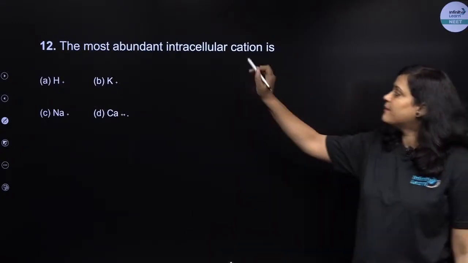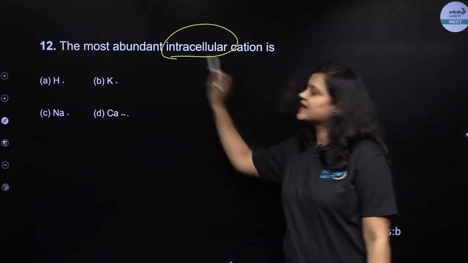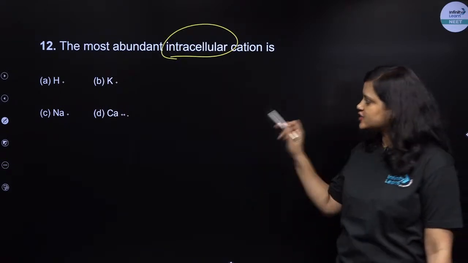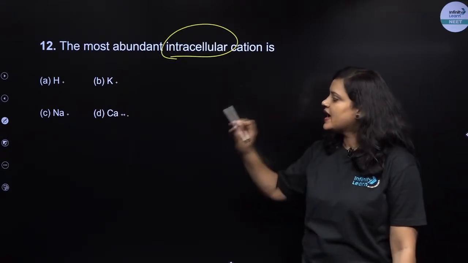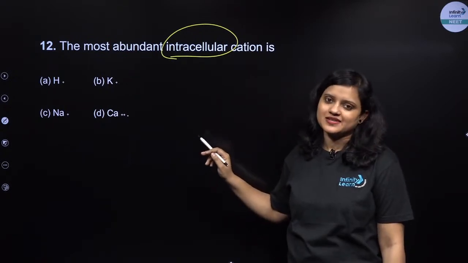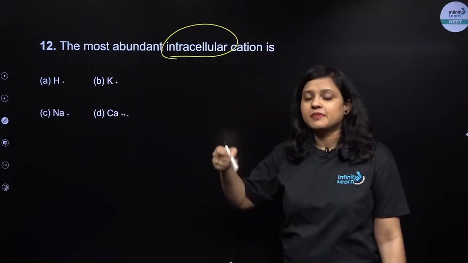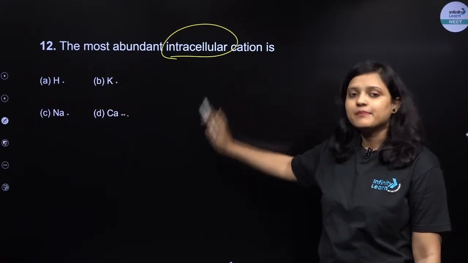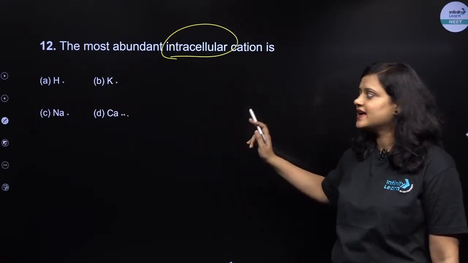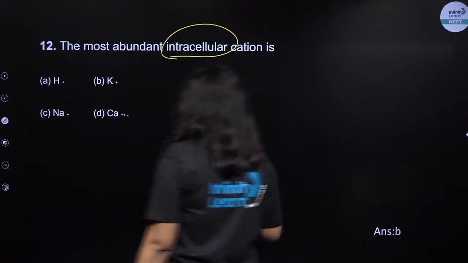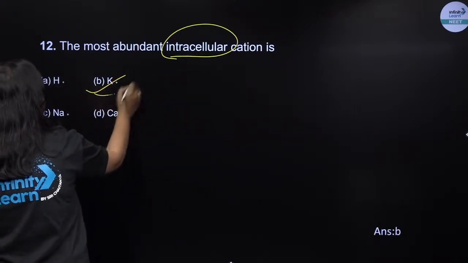Now, the most abundant intracellular cation is, you have H+, K+, Na+ and calcium ions. Which is the most abundant ion found inside the cell? So the correct option will be potassium.